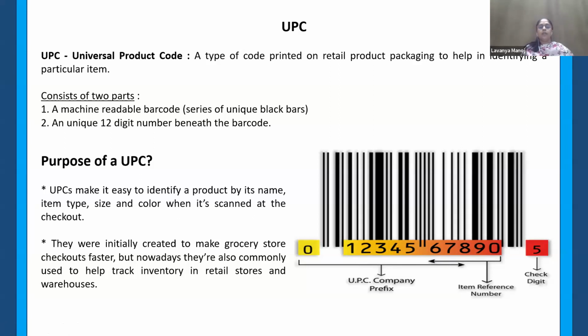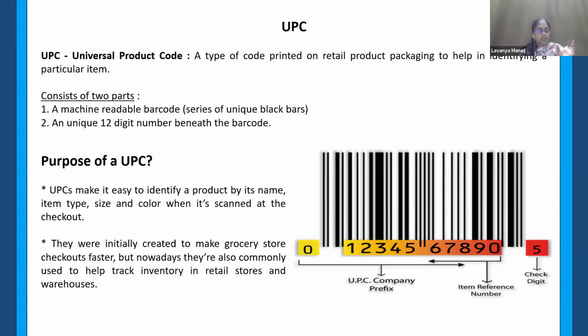So it's a type of code printed on retail products to identify a particular item. Not only the particular item, but to identify which company it belongs to. Which company has made this product, what is the make of the product, when it has been manufactured, what is the expiry date of the product, and how many units of this particular batch have been manufactured.